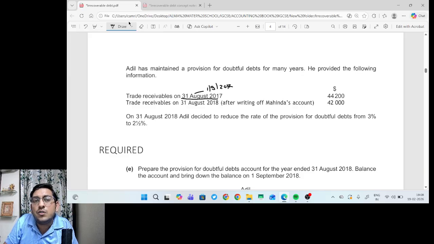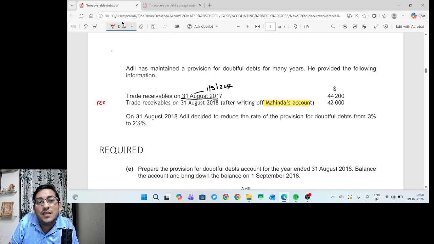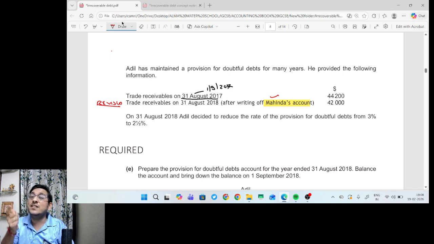And trade receivable on 31st August 2018 after writing off Mahindra's account. So can I say this is the revised trade receivable given to me? If this Mahindra account is not given, if this irrecoverable debt is not written off, then we have to calculate revised trade receivable for calculating closing allowances. But we have already adjusted Mahindra's account. So the revised trade receivable is already given.